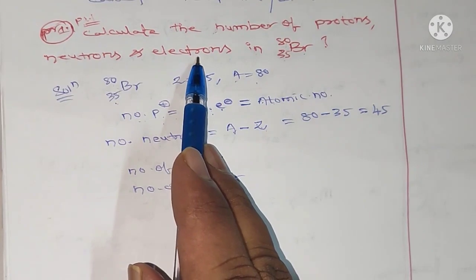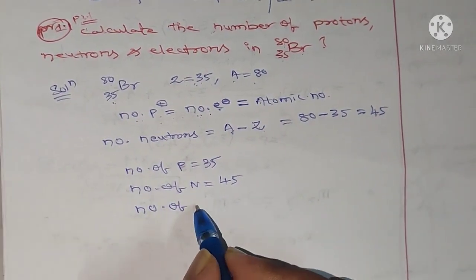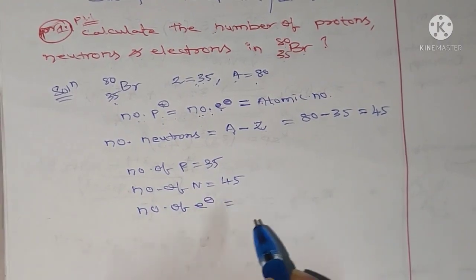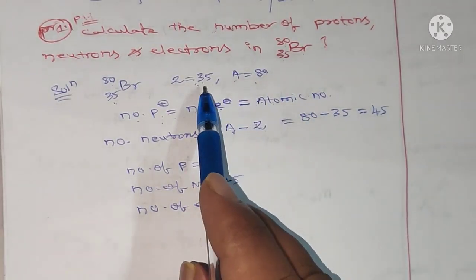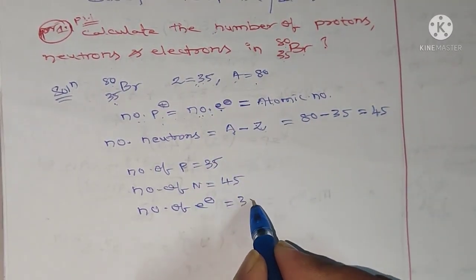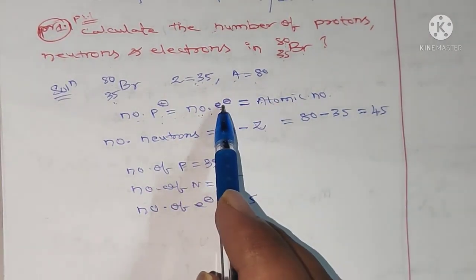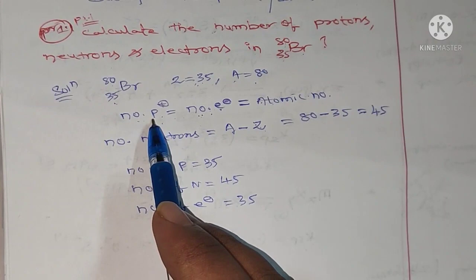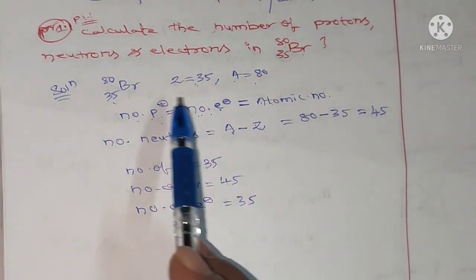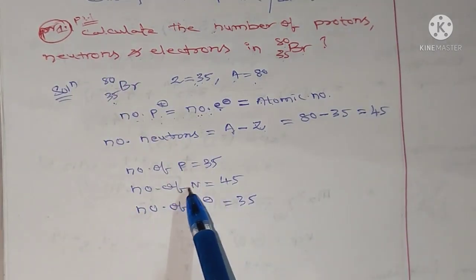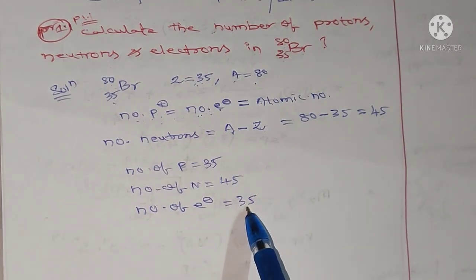And the number of electrons is equal to the atomic number, 35, or equal to the number of protons. So protons 35, neutrons 45, and electrons 35.